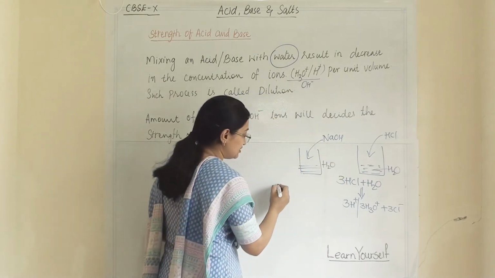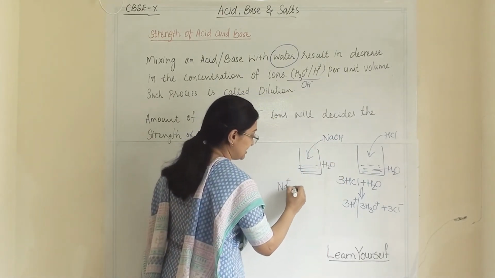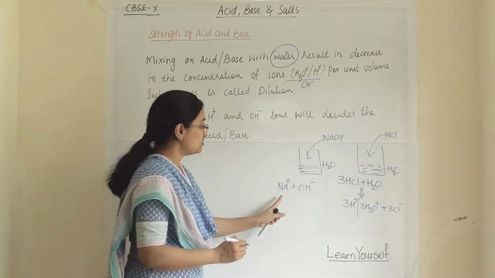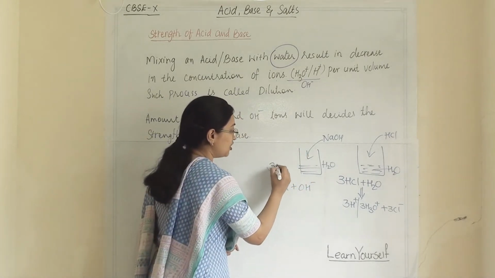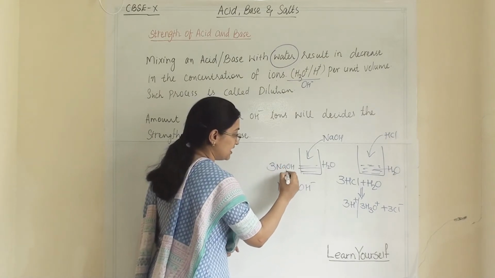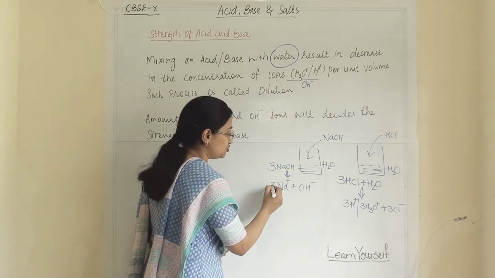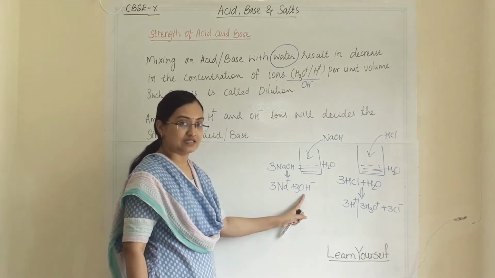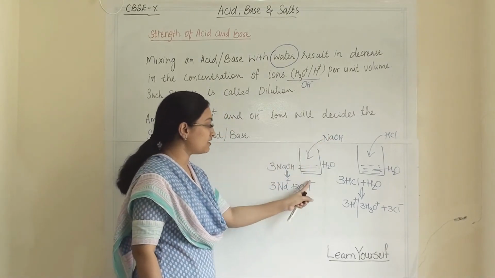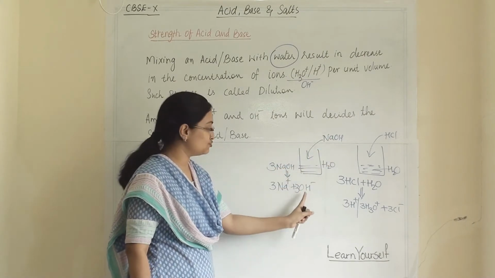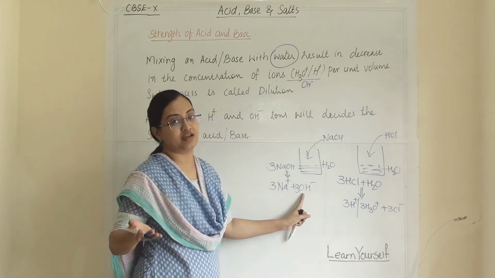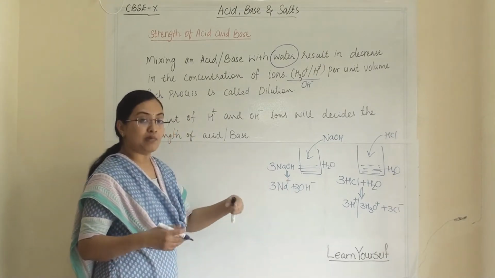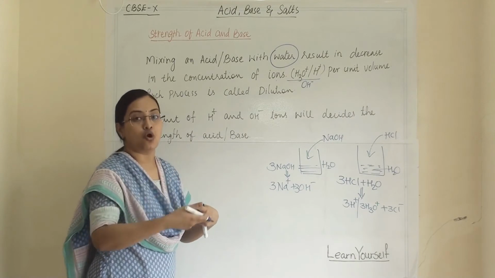You will get Na plus and OH minus when it mixes with water. When you are adding 3 molecules of NaOH, as ionization you will get 3 Na plus and 3 OH minus. As you are adding more sodium hydroxide, you will get more OH minus. So more OH minus ions will make the basic character stronger.